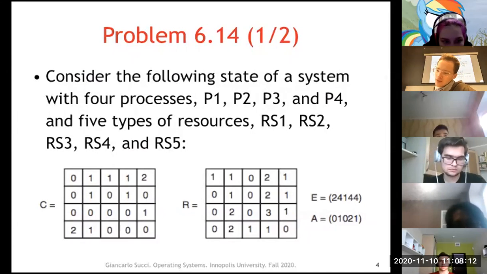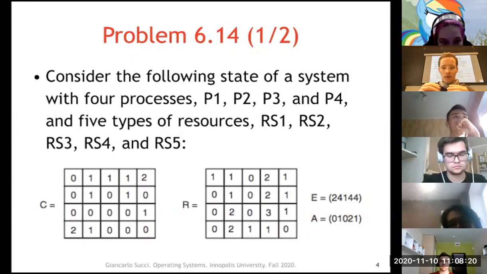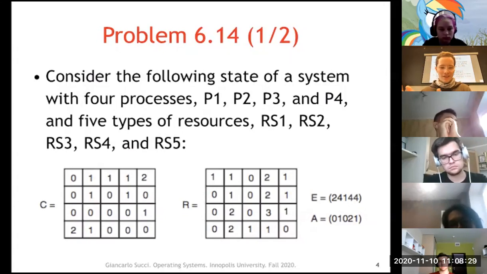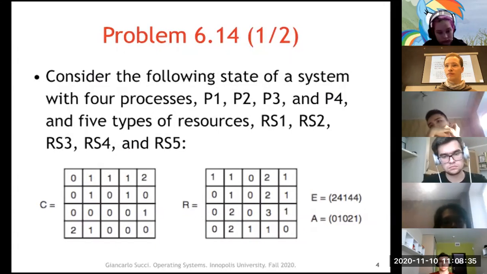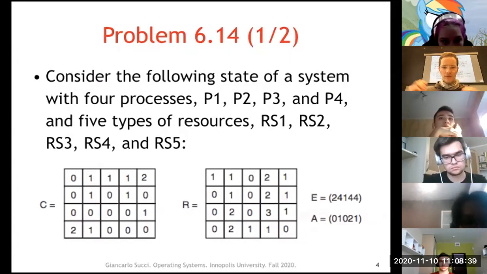In plain words, is there a combination of request and resource allocations that will allow all the processes to complete? So this is a safe state. Again, there is an unsafe state in which there is no such sequence that will allow all processes to finish.